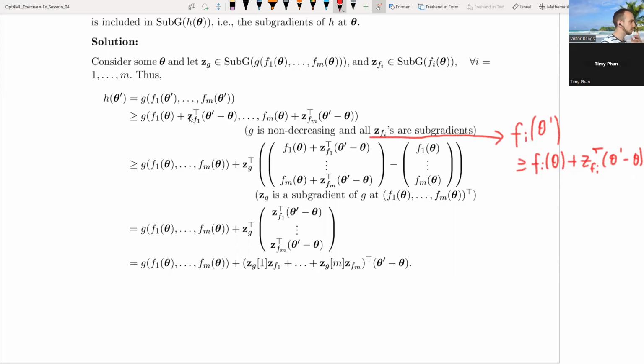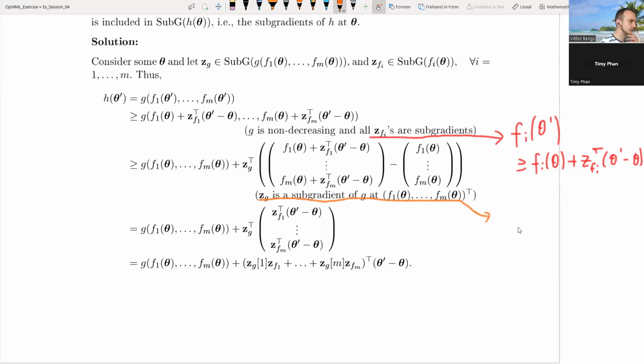Then we have these complicated terms for each of the entries of the g function. And now we can once again use the subgradient property of the zg at this position.